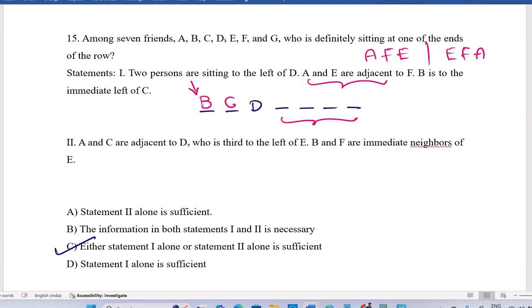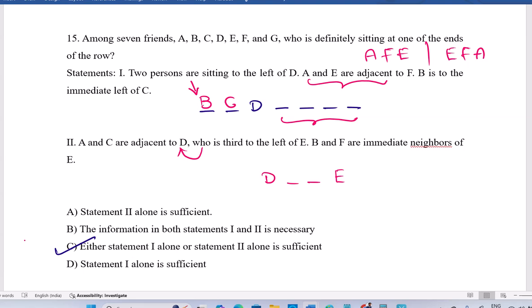Next one, A and C are adjacent to D. D is third to the left of E. First left, second left, D is third left. B and F are immediate neighbors of E. Okay.